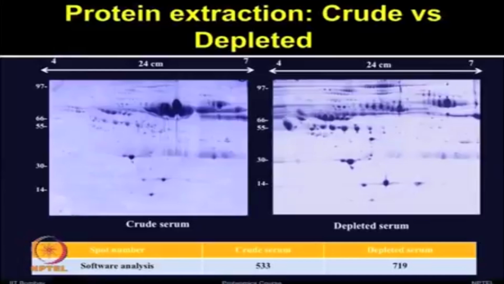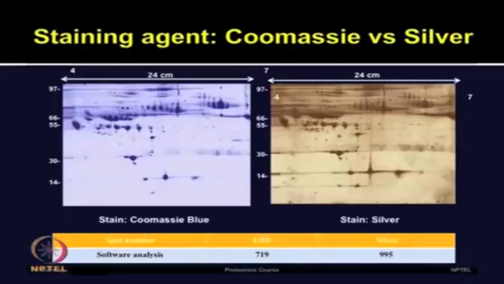So, we again compared crude versus depleted serum samples on the large gel, and as expected, the depleted serum sample showed more spots as compared to the crude serum samples. We also looked at the effects of various types of staining, whether it is Coomassie blue staining or silver staining.